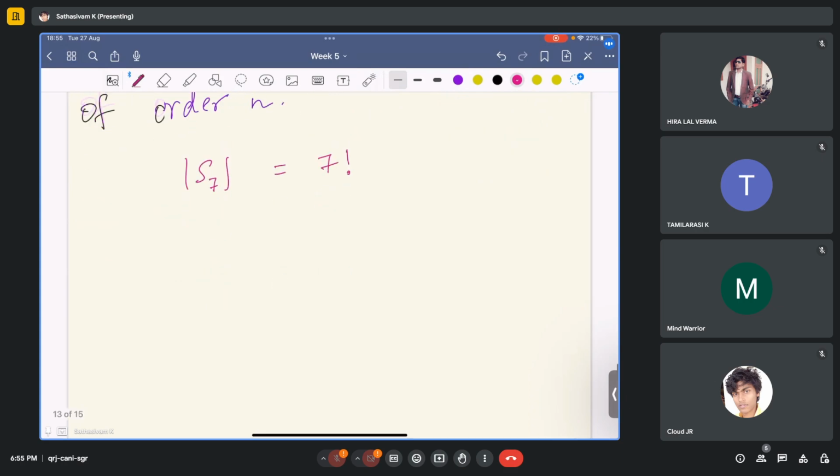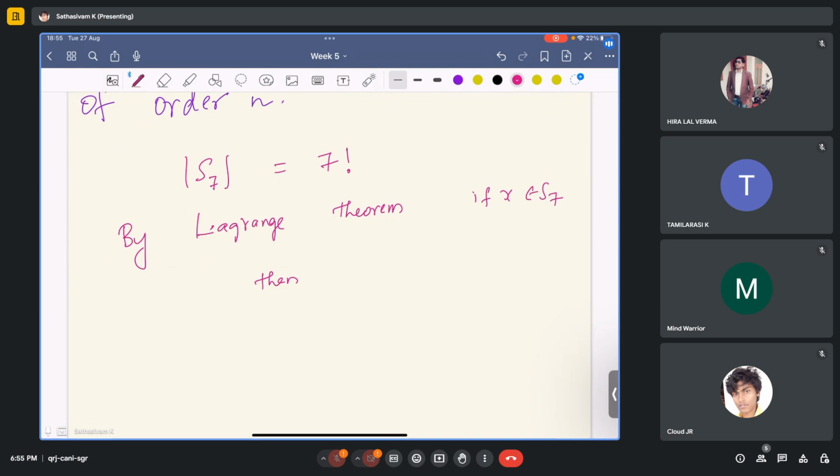Now, what we know is, by Lagrange theorem, suppose x belongs to S7, then the order of x divides the order of S7, which is equal to 7 factorial. So this much we know.